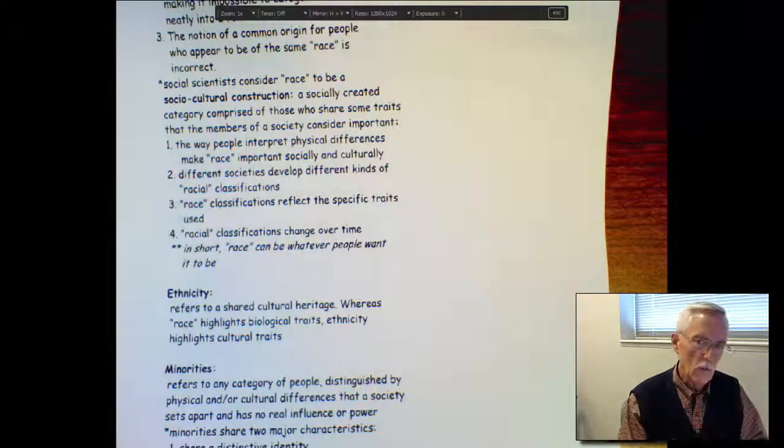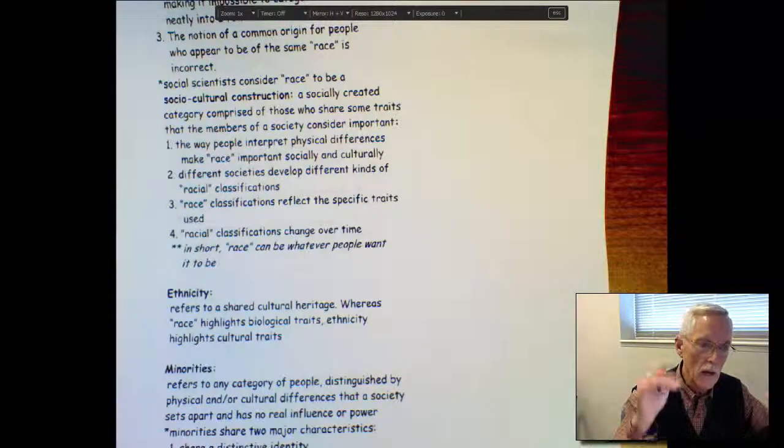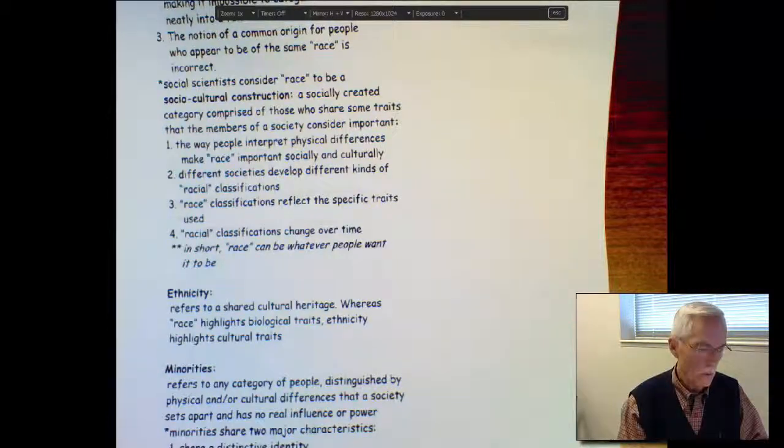A second factor that may figure into why societies make so much of race, it allows some to feel or believe that they are somehow better or superior to others.